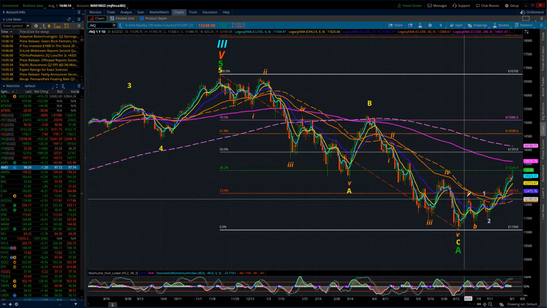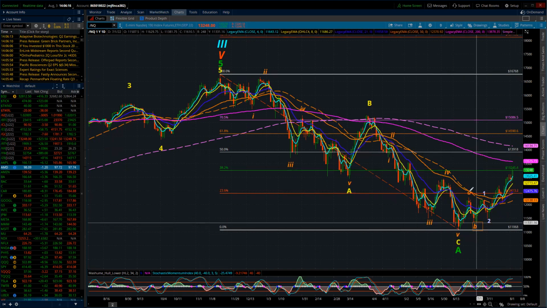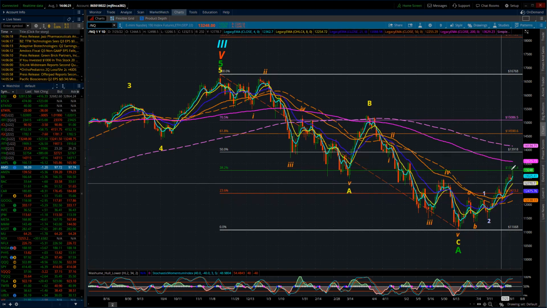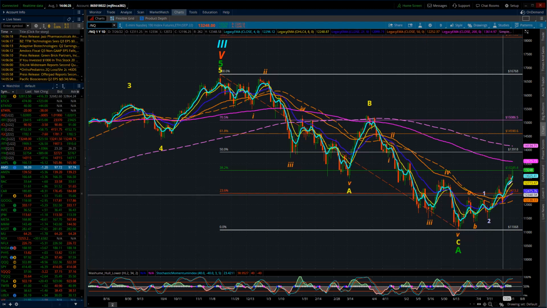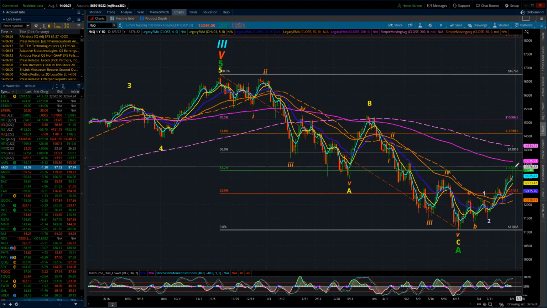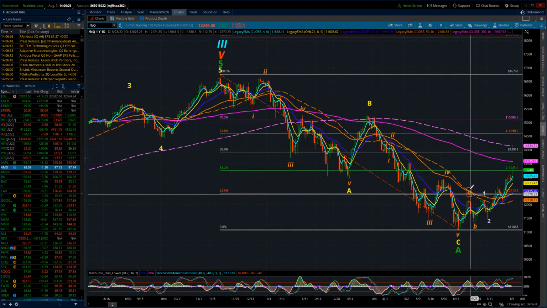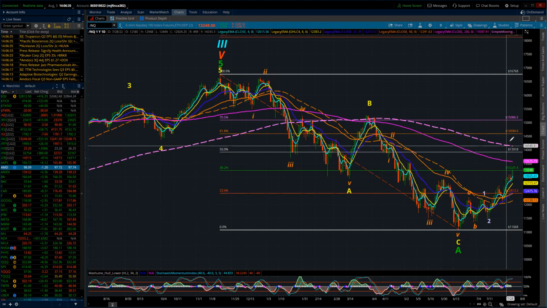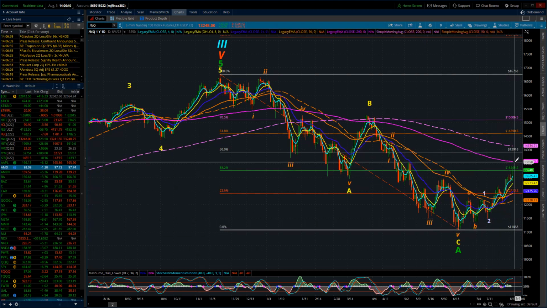And so we have to leave that open as well, that this is a 1 and this is a 2. And we're now subdividing within the 3rd, putting in a 3rd wave. So instead of being a minor ABC, it would be a minor 1, 2, 3, 4, 5 to form intermediate wave A. Under either count, we're in the 3rd.